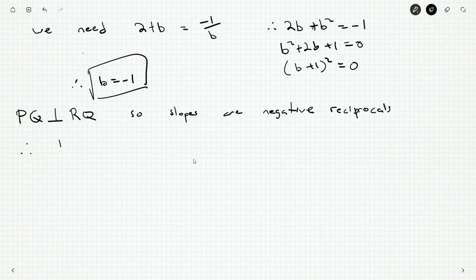So the slope of PQ is p squared minus q squared over p minus q. Well, hey, that formula right there, we can factor the top, and then it should be negative 1 over r squared minus q squared over r minus q.